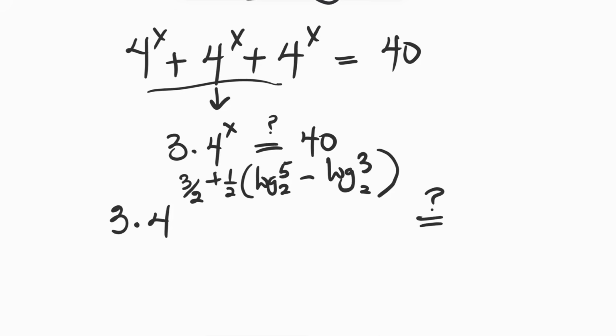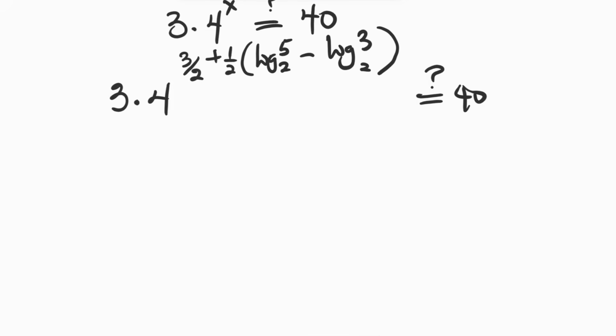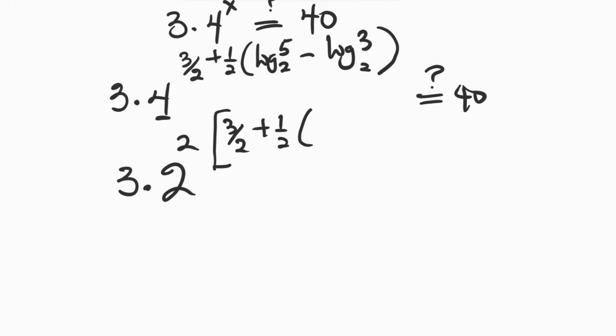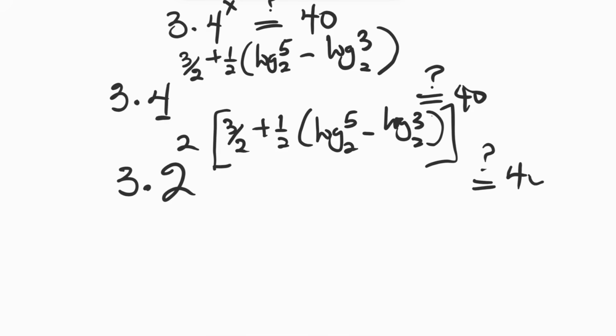I'm trying to see if that's going to be equal to 40. So now we have 3. 4 is the same thing as 2 raised to the power 2. Okay? All into bracket of 3 over 2 plus half of log of 5 base 2 minus log of 3 base 2.